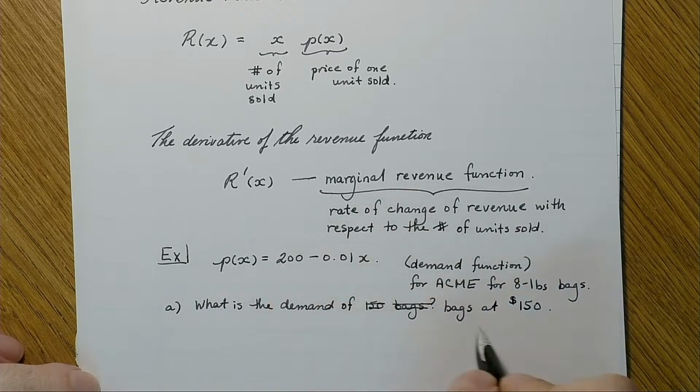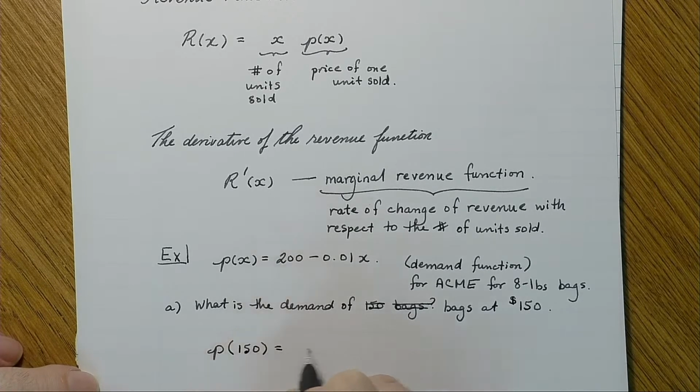And so what we do then is we just insert that price. So we have P at 150. So it's 200 minus 0.01 times 150.